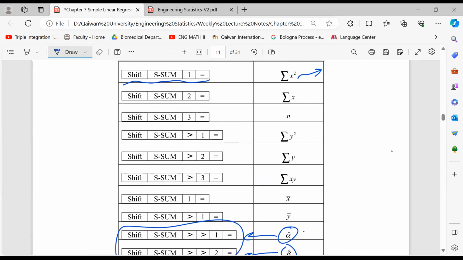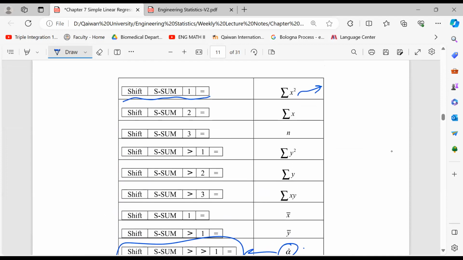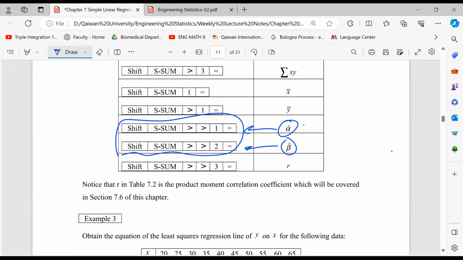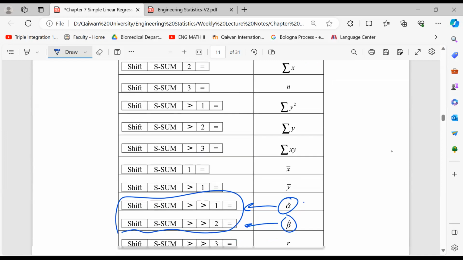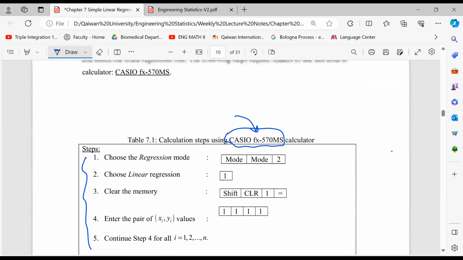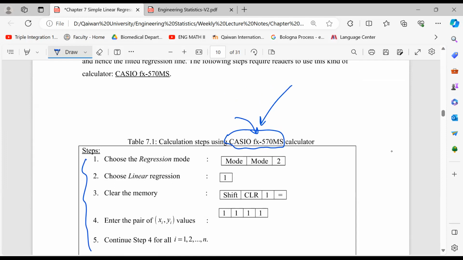Okay? And also you could watch videos on YouTube to know how to use calculators in finding these. But try to watch those videos which are about your calculator's model. These are the steps of finding these things by using this model of Casio.